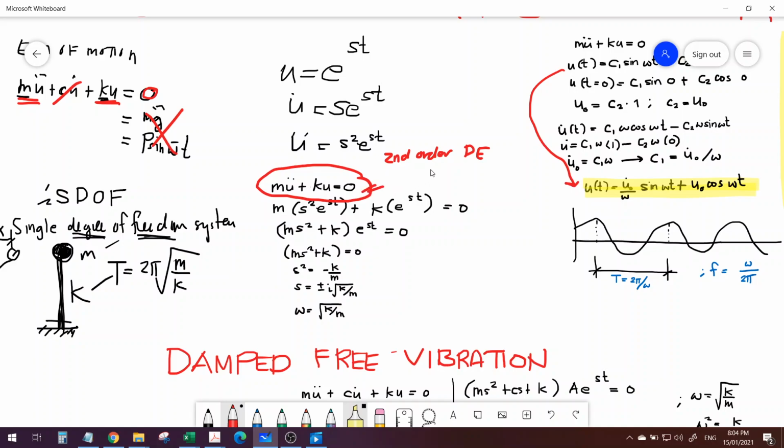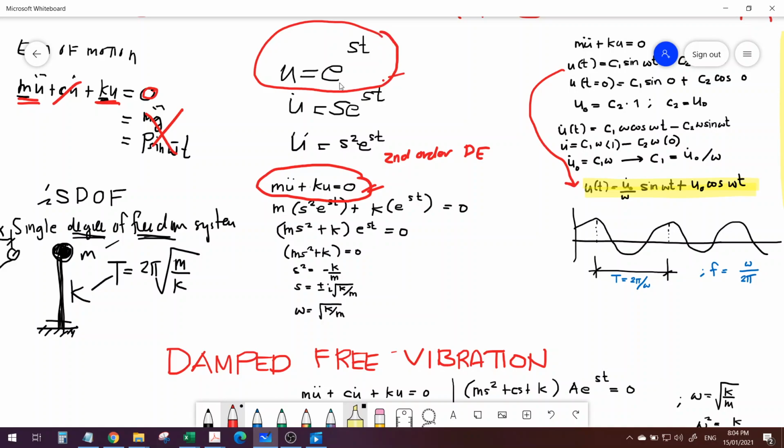And if you review your differential equations, you can assume a solution in this form. Your unknown is the U, because mass and stiffness are given in your structure. Therefore, your unknown is the U. So we can assume a solution in this form.